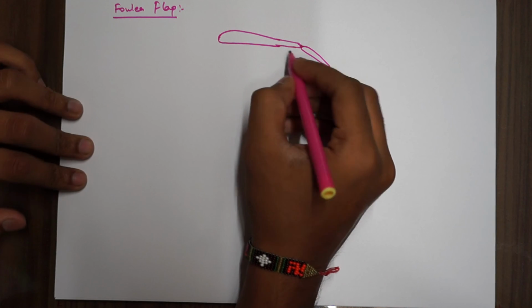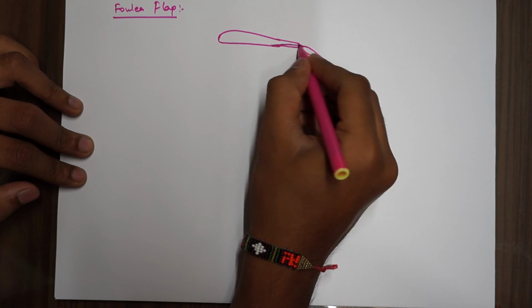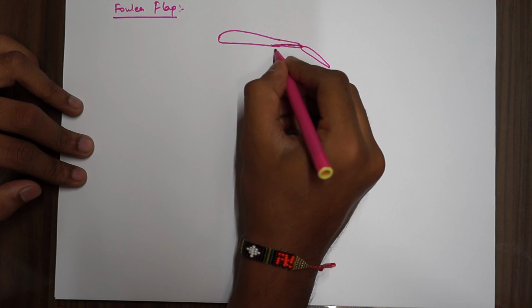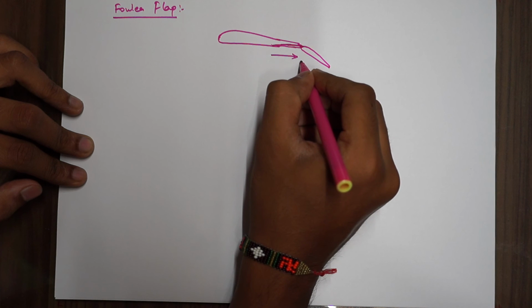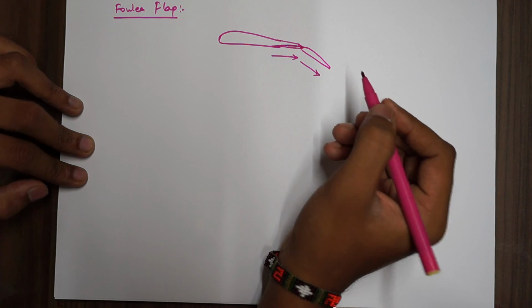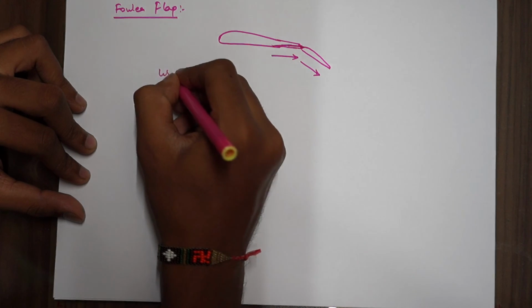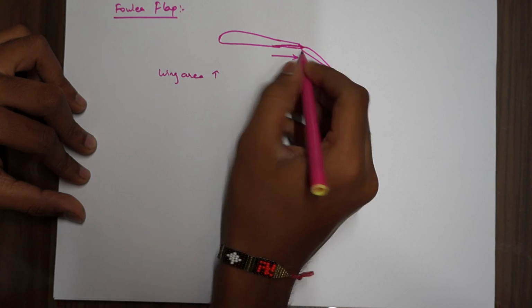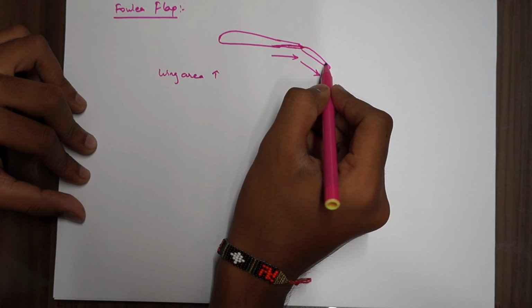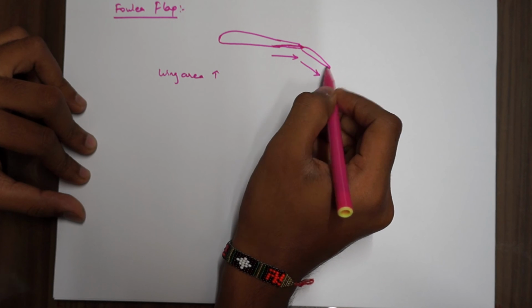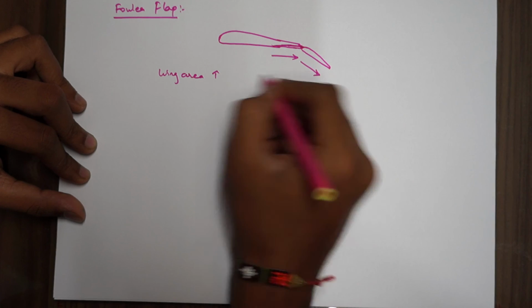Fowler flaps move rearwards. Suppose here it moves rearwards, in this direction, and then downwards. Firstly the wing area is increased, and then your camber is increased by the downward movement.